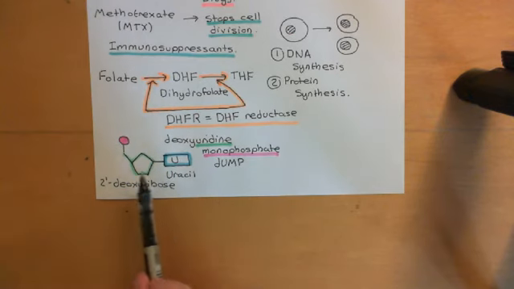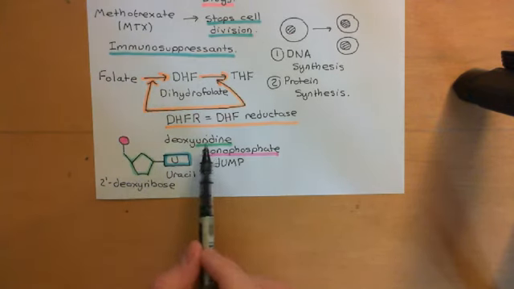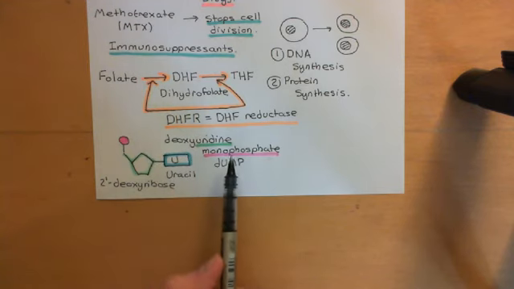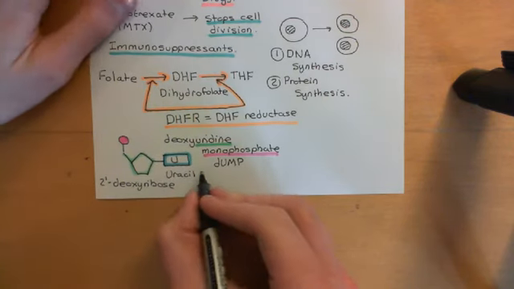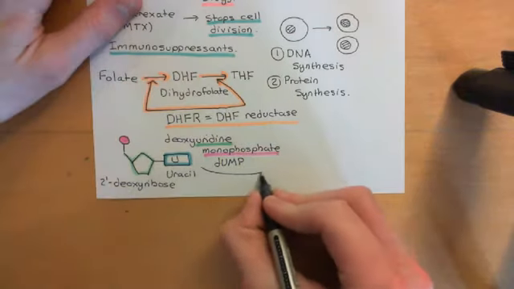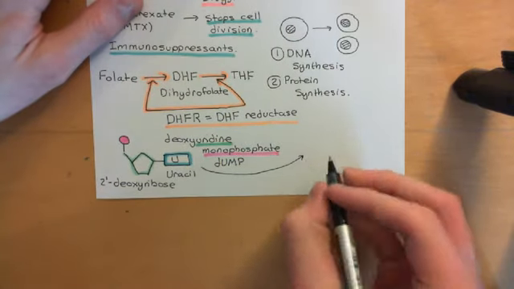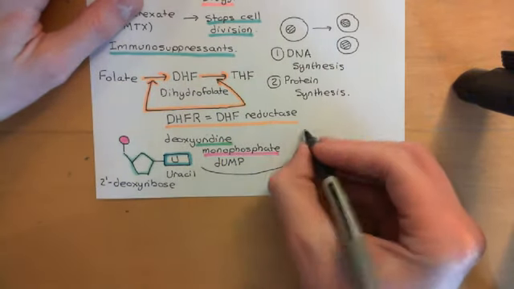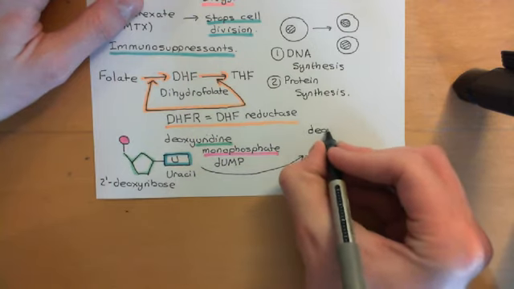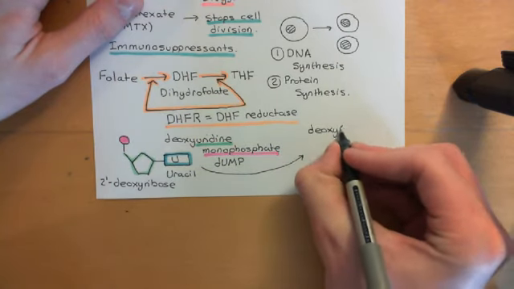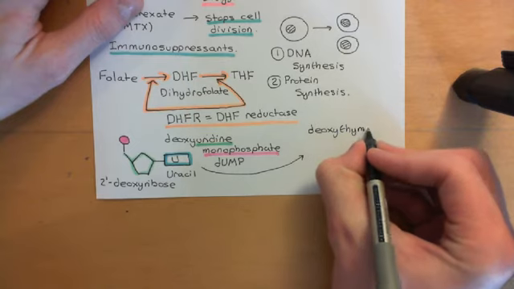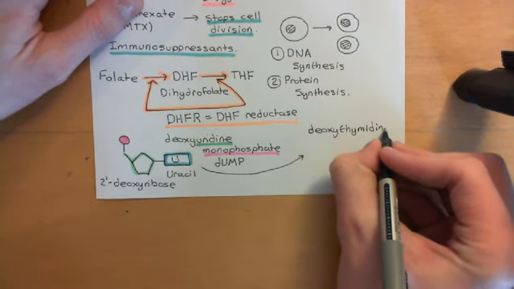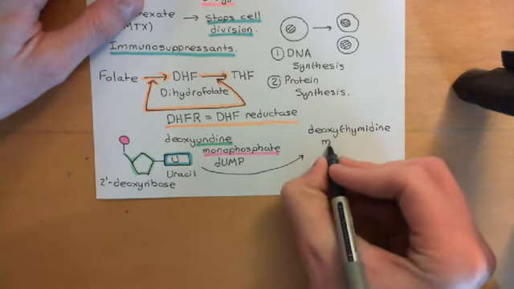Uracil bound to 2' deoxyribose gives you the deoxyuridine, adding on a single phosphate gives you the monophosphate. Now deoxyuridine monophosphate can be converted into deoxythymidine monophosphate, which is the same molecule, but you've converted that organic base from uracil to thymine.